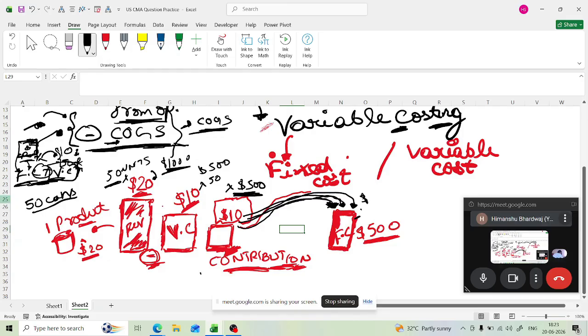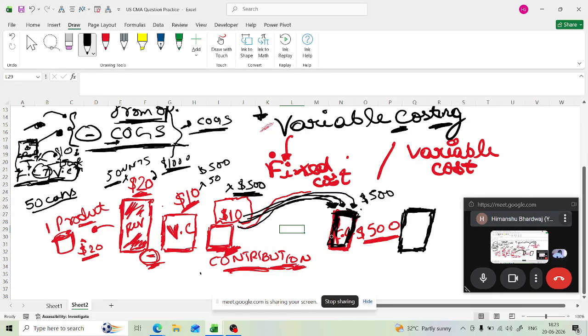So let's say right now I have $500 to fill this particular bucket. Now this bucket absorbs everything it can, every penny it can.